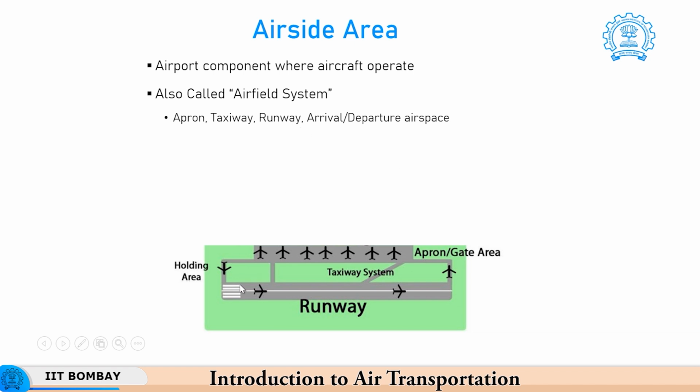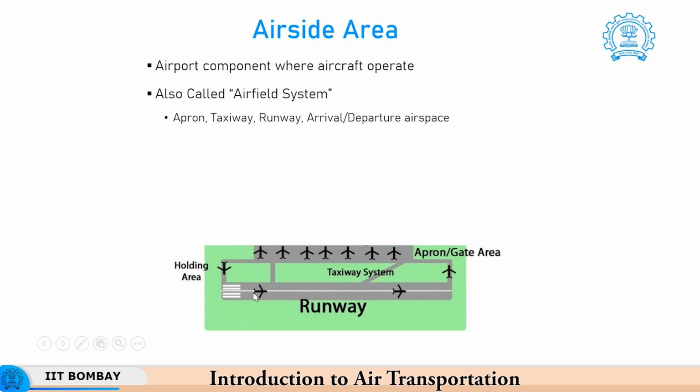Then we have runway, which is shown here in this wide length marked with the center line, and you can see there are two aircraft which are there on the runway. Generally, we do not allow more than one active aircraft on the runway at any given point of time.